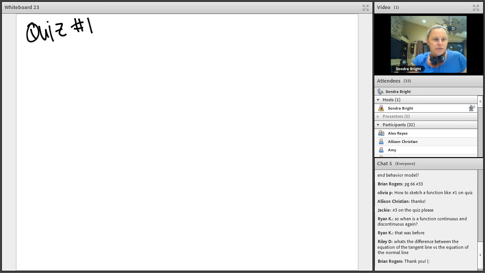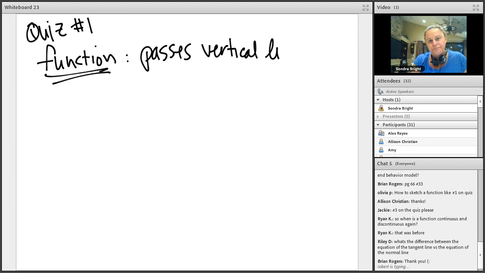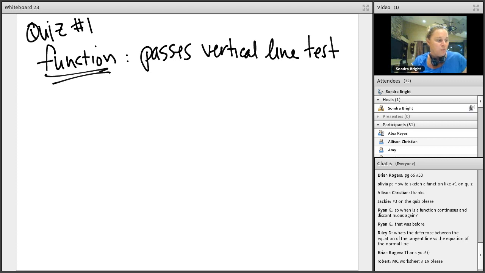What you want to do is just make sure that each part is satisfied. It says sketch a function, so make sure that whatever you draw passes the vertical line test, which means every time you draw a vertical line, it should only go through the graph once.